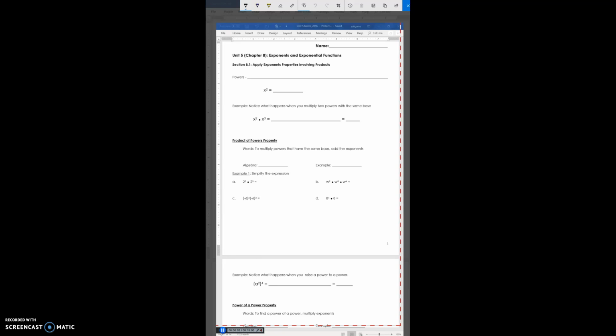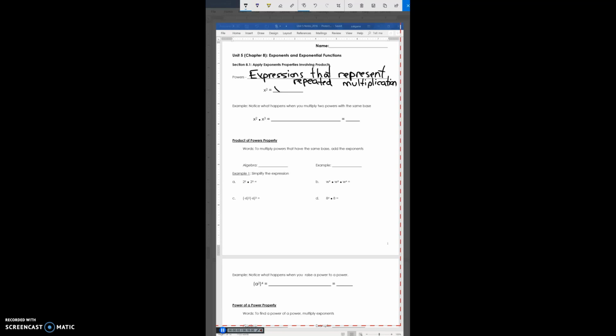So powers, just in general, are expressions that represent repeated multiplication. For example, when we say x to the power 2, or x squared, we mean we're multiplying x by itself two times.